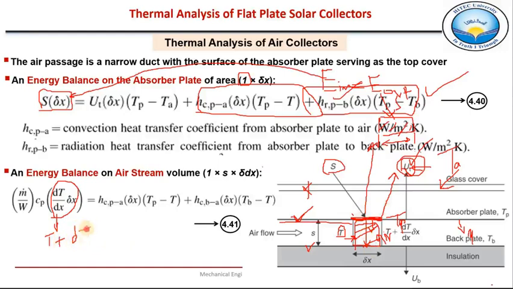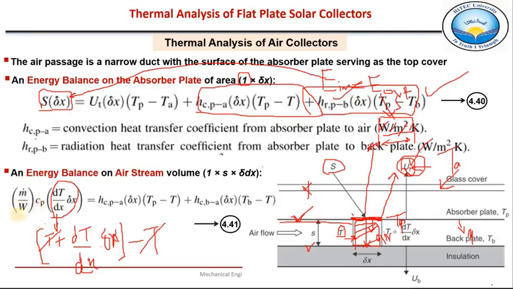So this change is T plus dT/dx into del x, that is the temperature of this air when it leaves this element del x, right? That was the final temperature. And what was the initial temperature T when the fluid was entering this element of length del x? So this T will cancel with this T, and this whole term is actually multiplied with m cp.